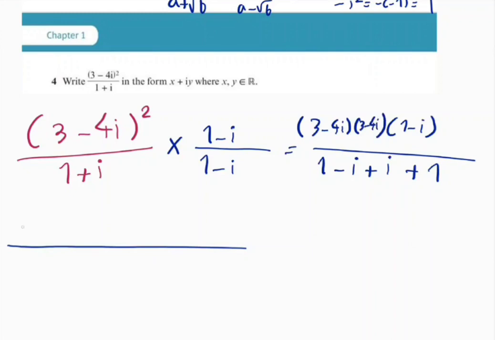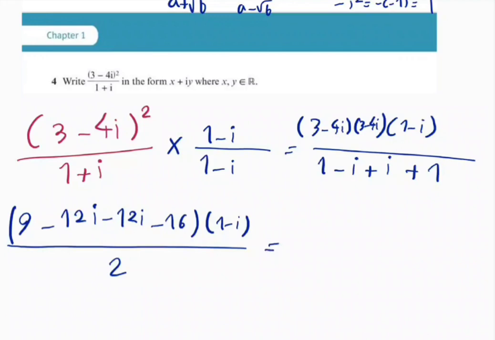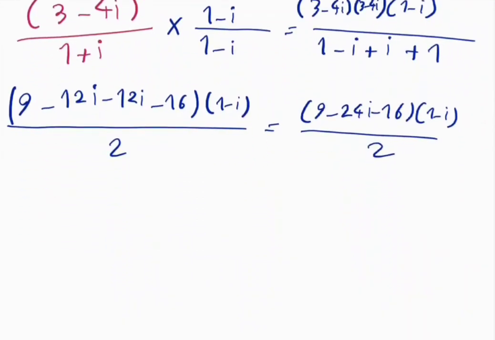So we have 9 minus 12i minus 12i plus 16i squared, which is minus 16, times 1 minus i, and in the denominator we just have 2. Let's simplify that. Minus 7 minus 24i times 1 minus i, divided by 2, and we need to expand this.